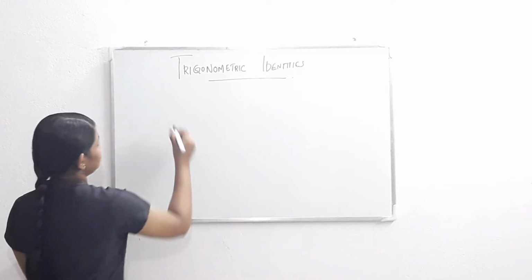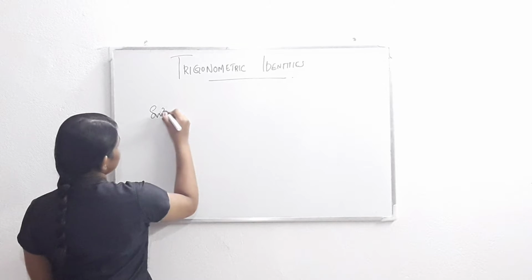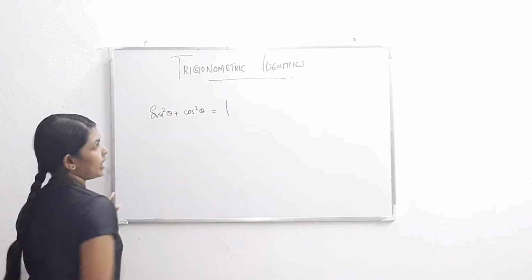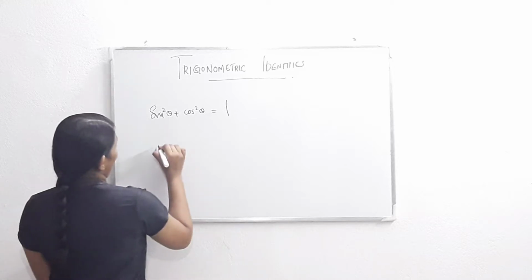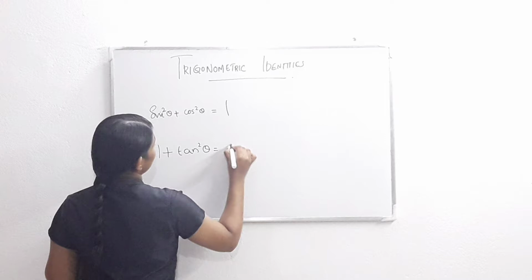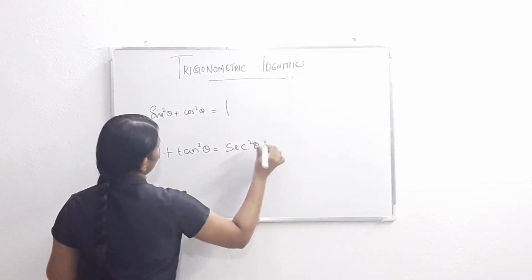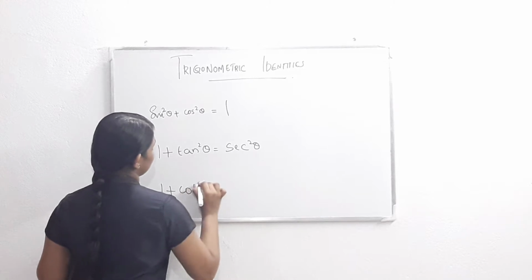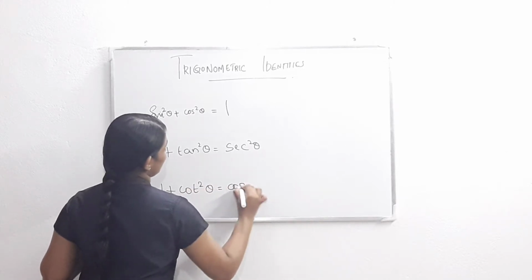The first one is sin square theta plus cos square theta is equal to 1. The second one is 1 plus tan square theta is equal to sec square theta. The third identity is 1 plus cot square theta is equal to cosec square theta.